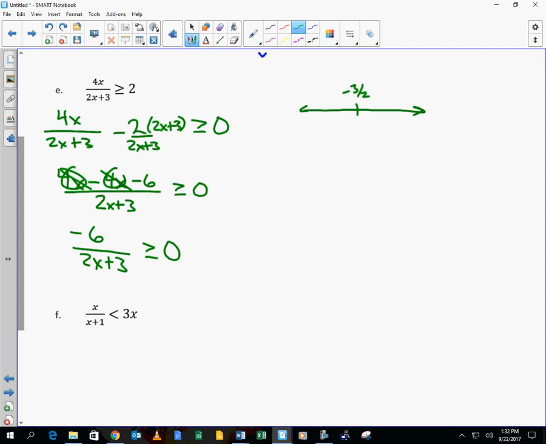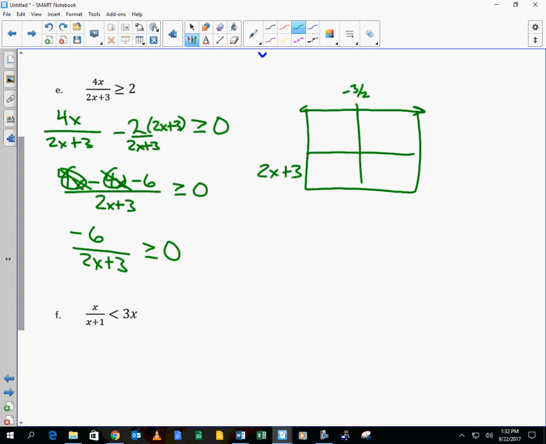How many columns? 2. How many factors? Is it 1 or is it 2? Okay, now here's the deal. Okay, this is where the negative comes into play. We'll show you. 2x plus 3 is obviously one of those factors, correct?